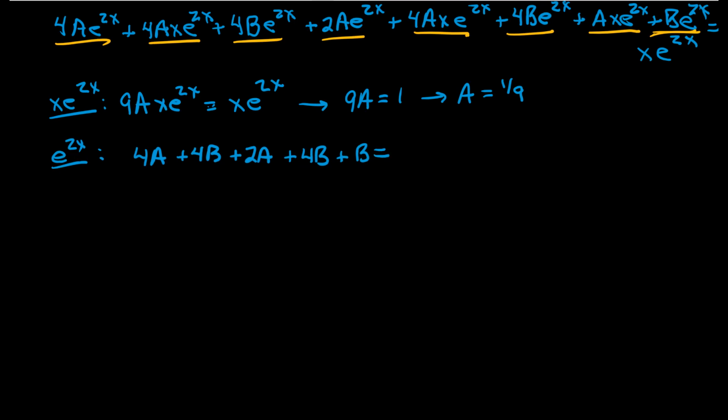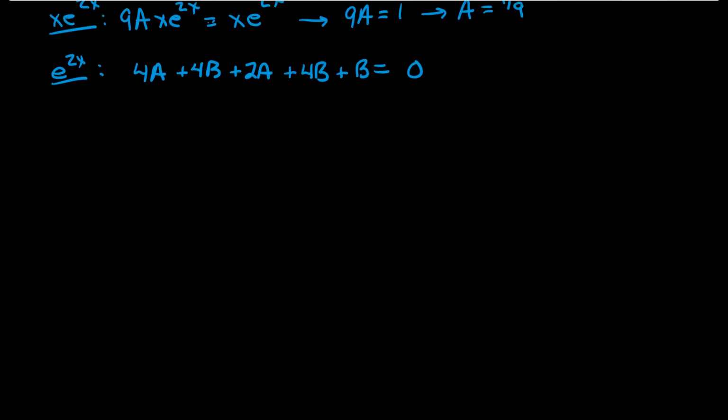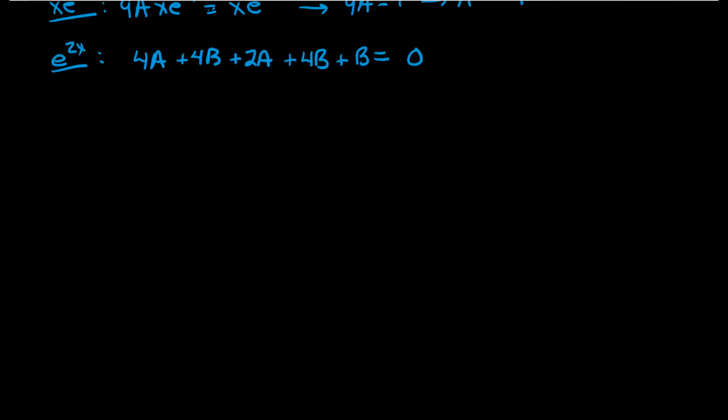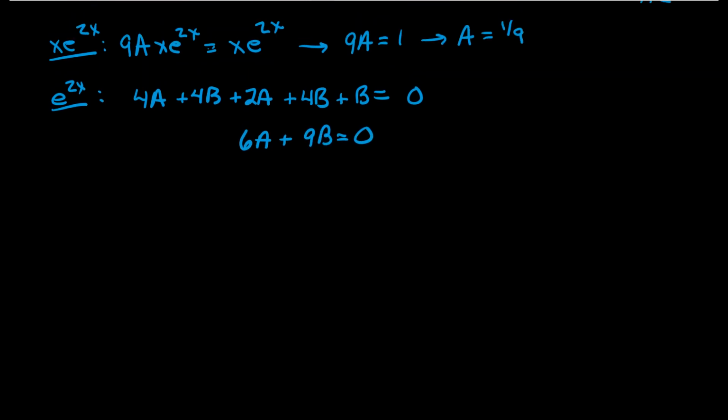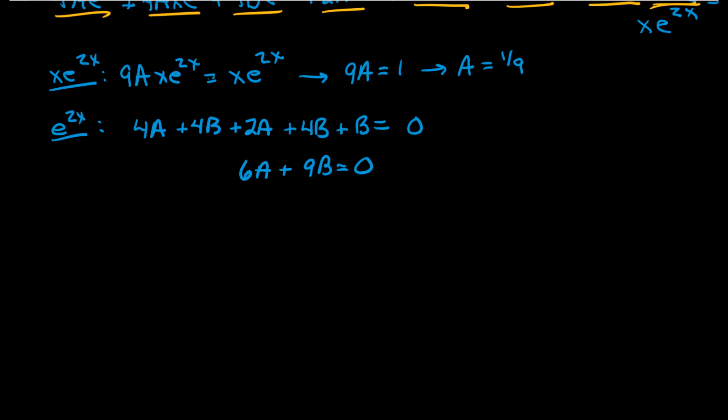On the right-hand side, we do not have a constant times e to the 2x. Well, that means that on the right-hand side, what we really have is 0 e to the 2x. Aha! So I need to solve this equation equal to 0 after I combine my like terms. So I'm going to have 6a plus 9b equals 0.